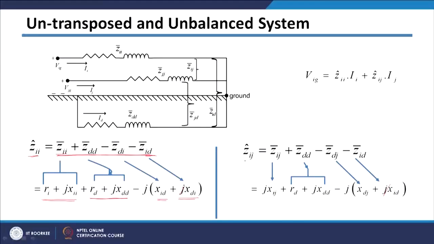Similarly, another term Zij cap will have these 4 terms which I explained in the last slide. In this case also this Zij will have only a reactance term. Zdd will have the resistance of the earth plus the reactance of the earth, and these are nothing but mutual impedances, that is why only reactance terms are there.